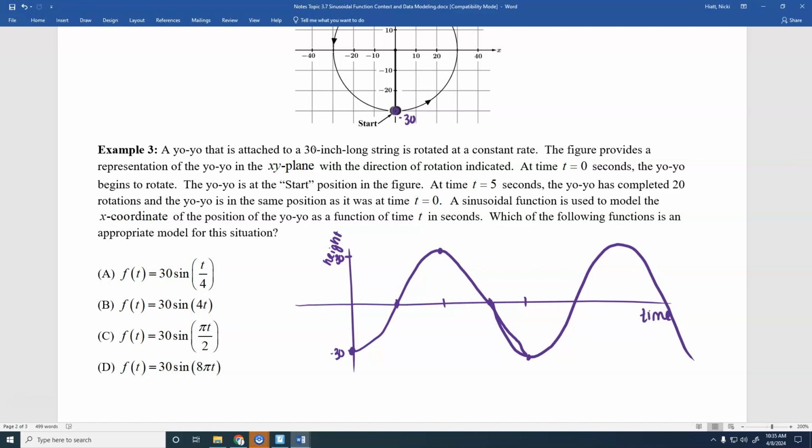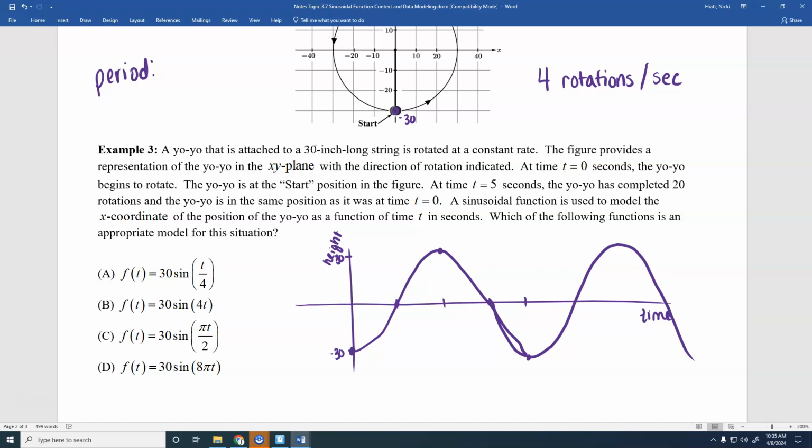Okay, so we got 4 rotations per second. What is our period? Well, first of all, is 4 our period? I'm guessing maybe no, since I was changing my question there, right? 4 is not the period.